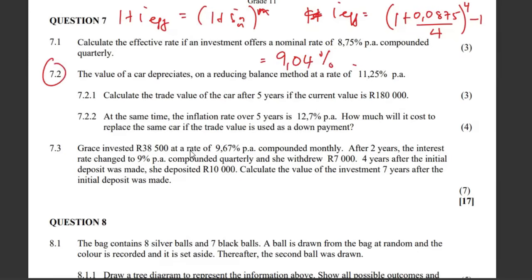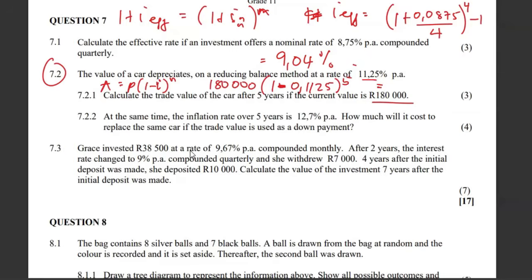7.2: the value of a car depreciates on a reducing balance method at this rate. Calculate the trade value after 5 years if the current value is 180,000. So A is P times (1 minus i) to the exponent of n. So 180,000 times (1 minus 0.1125) to the exponent of 5.